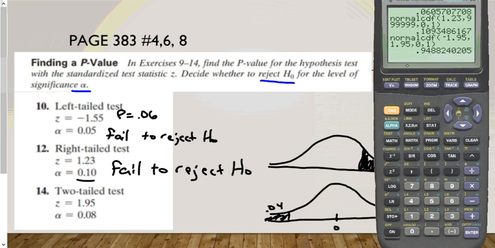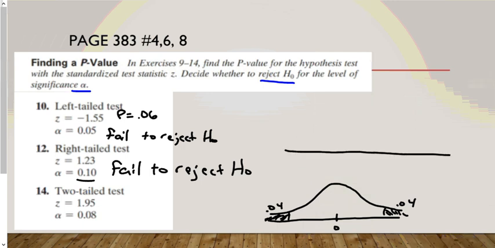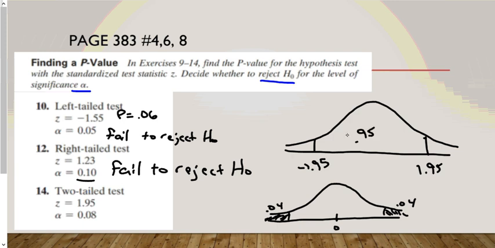And what that tells us is, if I were going to graph a normal distribution, so here's what that looks like. If I go from a z-score of negative 1.95 to positive 1.95, then this area right in here is about 95%, which means that only 5% is left for the two tails to share, so this is about 0.025 and this is about 0.025.